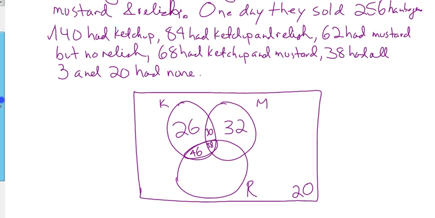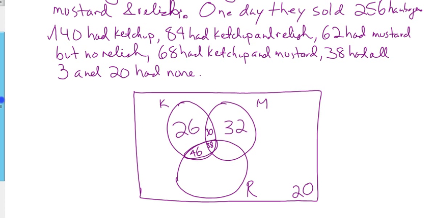Okay, so what else? So is there anybody in this one? The mustard, and we know how many had mustard alone or had mustard total. What else do we have?